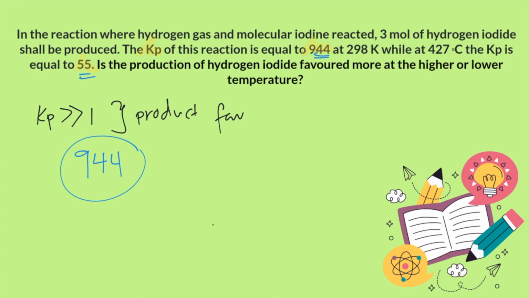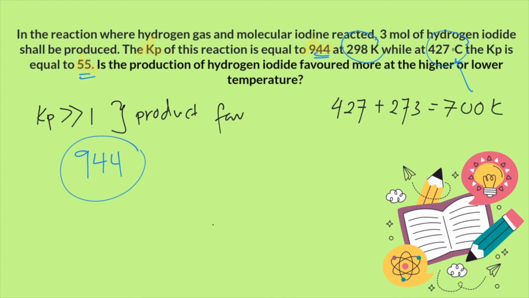Now let us compare the temperatures. Since we have two different temperatures, the easiest way is to convert one of them. I'm going to convert the one in degrees Celsius. So 427 degrees Celsius plus 273 is equivalent to 700 Kelvin.